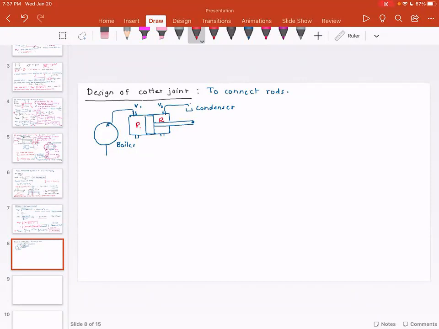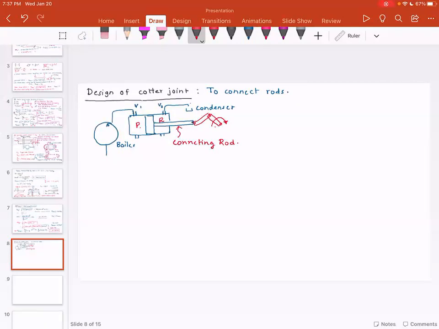Now, what happens is this piston is connected to a connecting rod. So this is called the connecting rod. And this connecting rod is usually connected to some sort of a slider crank mechanism, wherein this crank rotates.